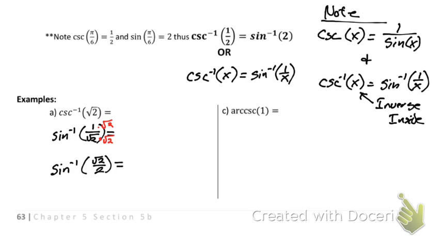Emma, I have noted what you mean by inside versus outside. So we're taking the reciprocal inside. Let's say I'm looking for the cosecant of pi over 4.